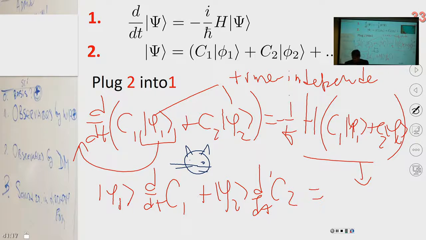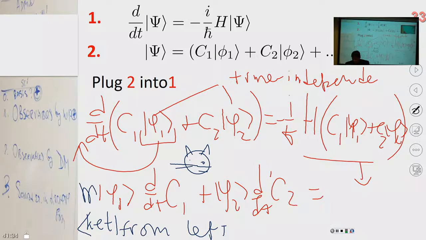Ket is written in a different way. And I want to be general. Instead of plugging in a specific number, I will say it will be wave function number m. Phi m multiplied from the left, and here phi m multiplied by whatever is there.